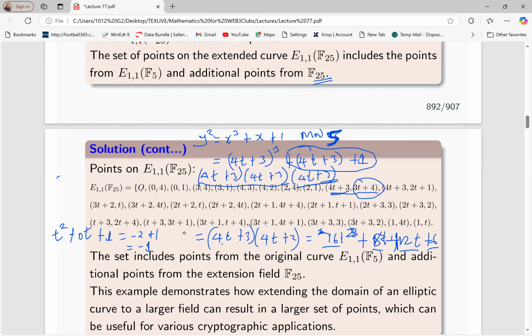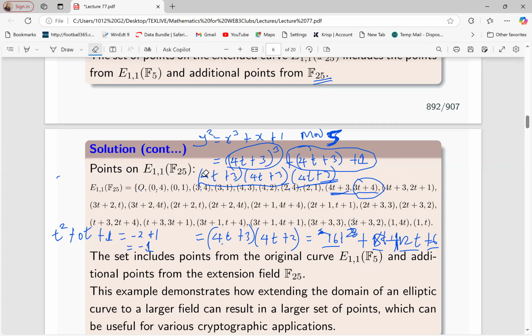So cubing this part has given us negative 1. Okay, let me just erase this one. What I'm saying is that 4t plus 3 cubed has given us negative 1.